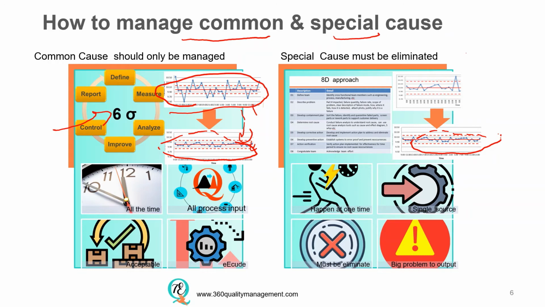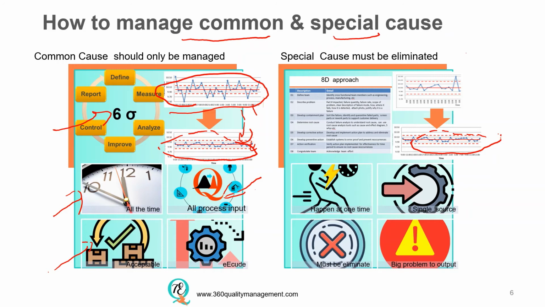So in terms of common cause, we need to know that it exists all the time, is happening to all process inputs, and it does not have any big consequences or noticeable consequences to the product quality.